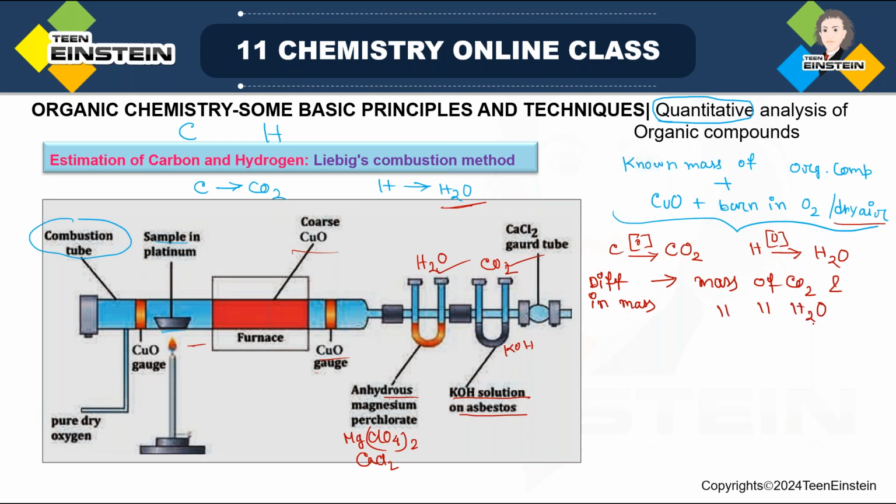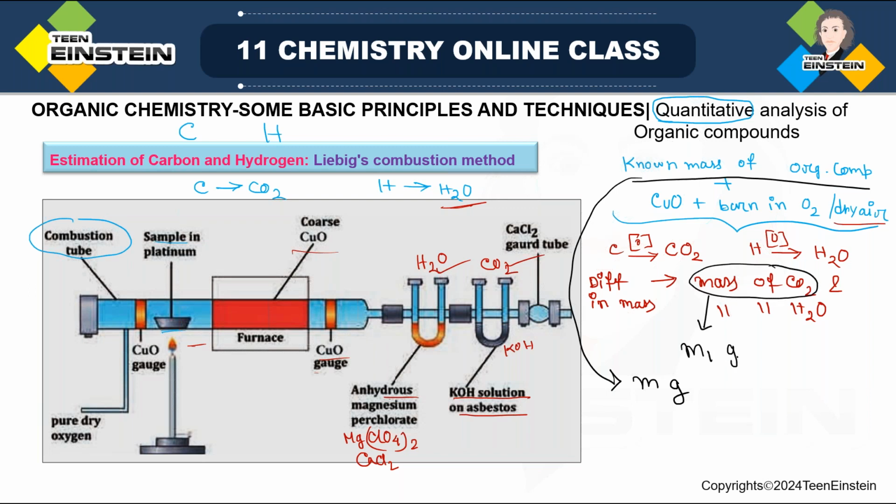Now once you know the mass of CO2 and H2O, next you have to do some calculations, right? As we have said, we have already taken some known amount of organic compound. So suppose the known mass of organic compound that you have taken is m gram, the mass of CO2 is m1 gram, and the mass of H2O is m2 gram.